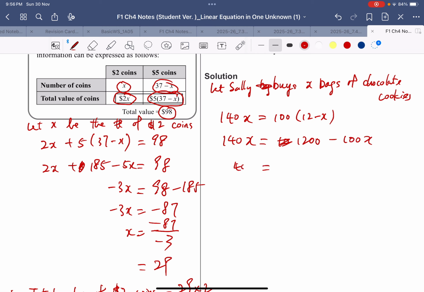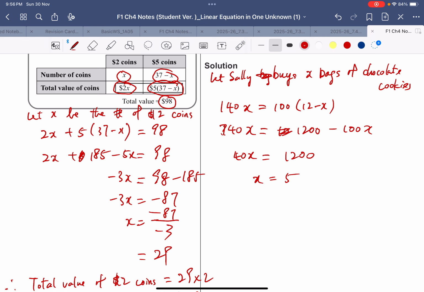And then move it to a side. And then you have X equal to 2. Sorry, it should be 5, yes.